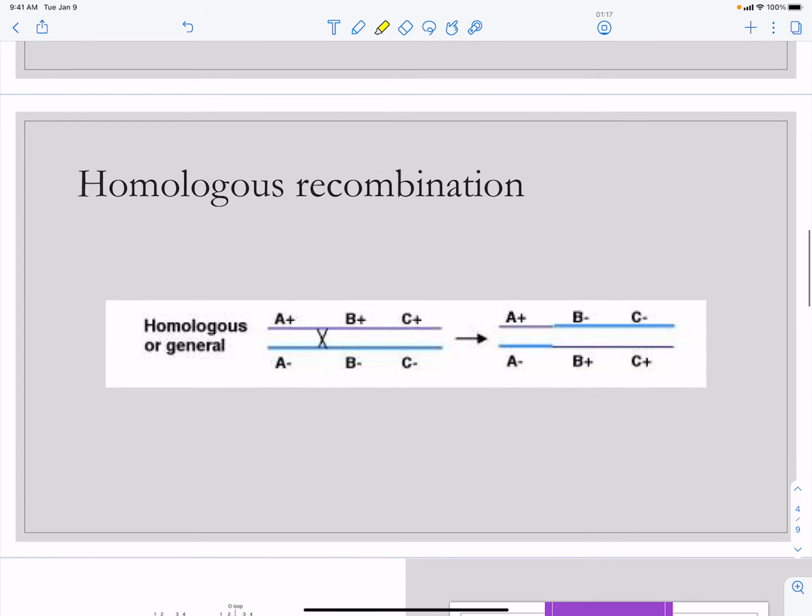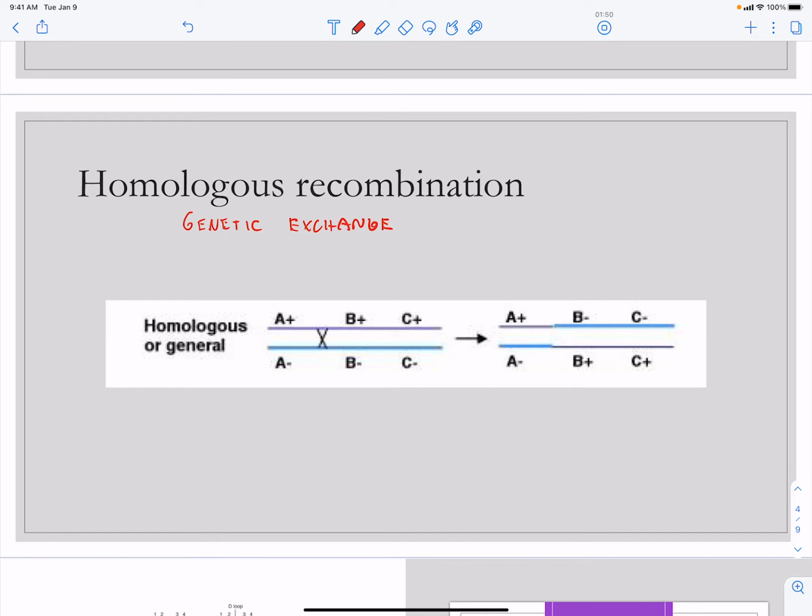So first, let's talk about homologous recombination. This is a genetic exchange that occurs between molecules of DNA that share a region of homology, and that's where it gets the name homologous recombination. So it's genetic exchange. Our sister chromatids will line up in regions of homology, and they will swap information.